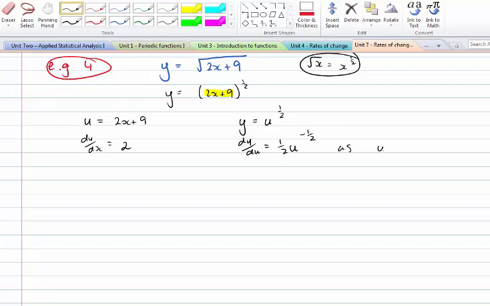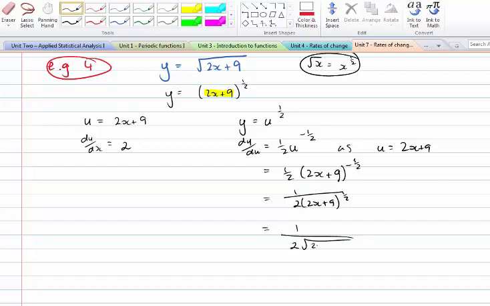Now we know as u is equal to 2x plus 9, we get 1/2 (2x plus 9) to the negative 1/2. But we want to have a positive power, so we have to move that down, so it joins the 2 on the bottom, and becomes 1 on 2 (2x plus 9) to the power of 1/2. And we should recall that power of a half means square root. So it will be 1 over 2 square root of 2x plus 9. That's our dy du.